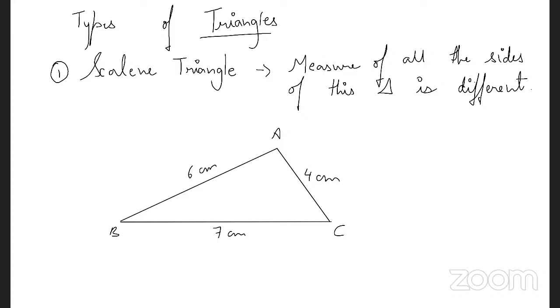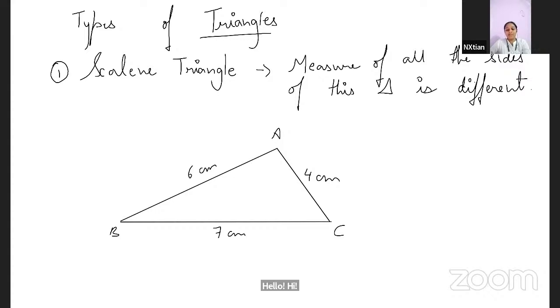Hello, ma'am. Sorry, I'm late. Hello, hi Abraham. It's okay, Abraham. We started with types of triangles, okay?